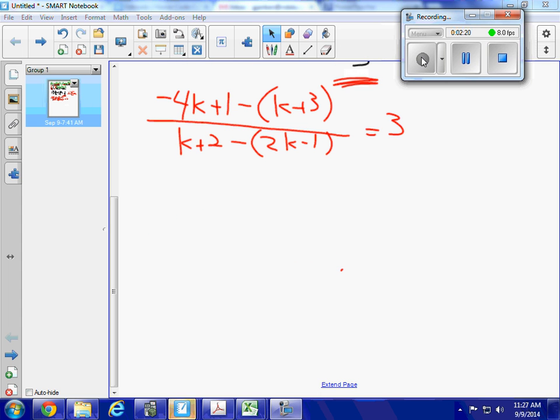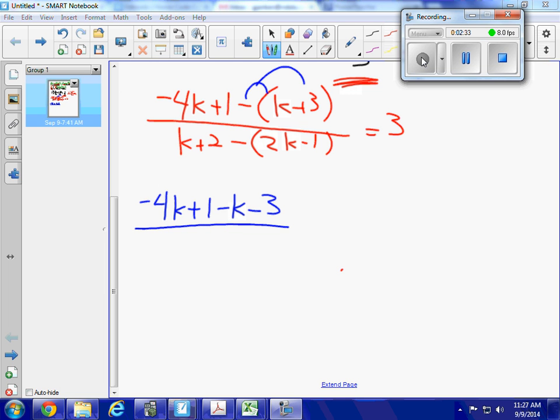Okay, let's do a little bit of work on this. Negative 4k plus 1 minus k minus 3. So I'm distributing my negative sign here. Divided by k plus 2 minus 2k plus 1 is equal to positive 3.